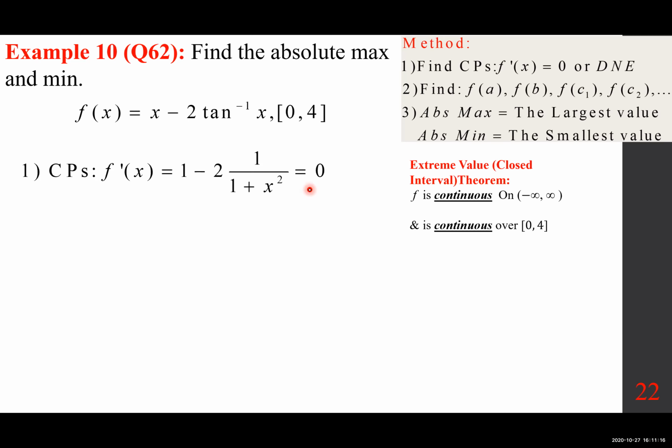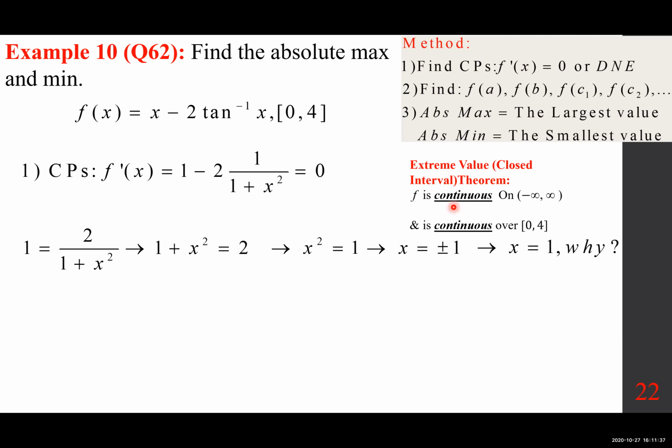To set it equal to 0, we can do it like so. I hope you realize why. And the cross product, that means 1 plus x squared is 2. Subtract the 1 and get x. There are two answers. X is plus minus 1.